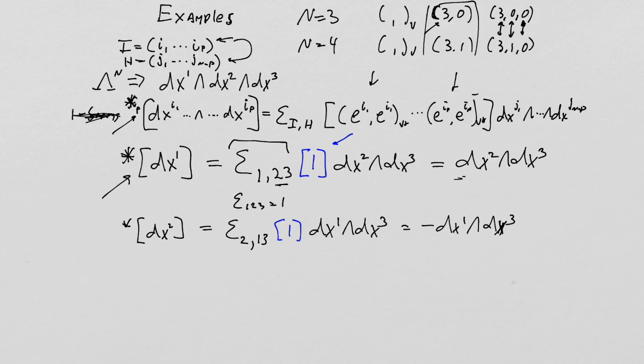Now, in engineering notation, I keep saying engineering notation, but what I mean is stuff that I saw in the most elementary textbooks, or introductory notations, or those treatments that only treat n equals 3. In those cases, they usually don't go with x1, x2, and x3. They go with x, y, and z, right?